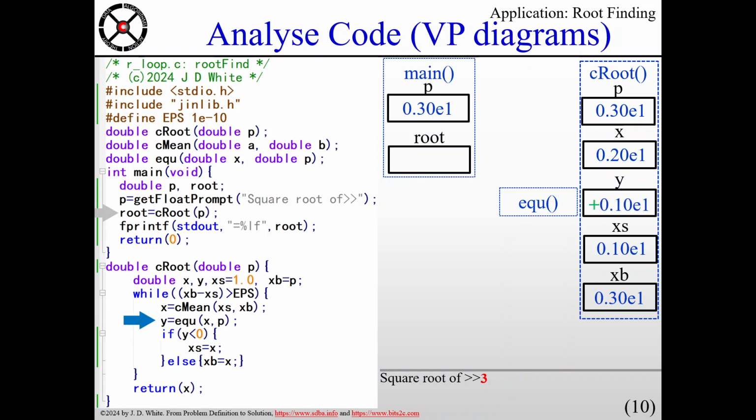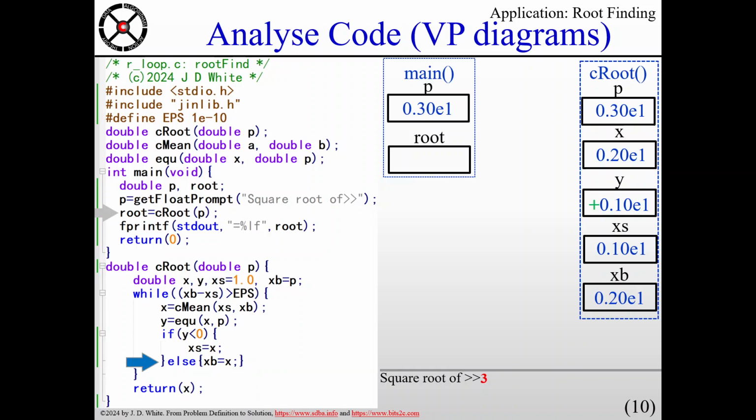Okay, when we do the calculation, we get 1, all right, which is positive. We check, is y less than 0? The answer is no, so we're going to do the else statement.